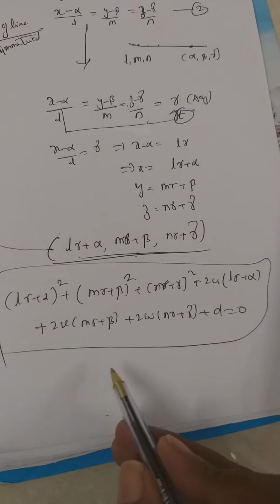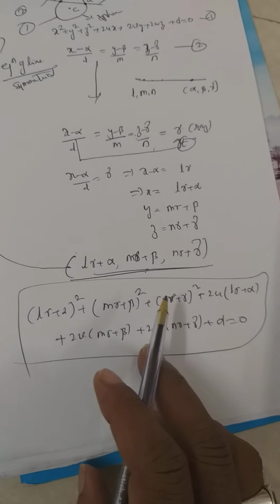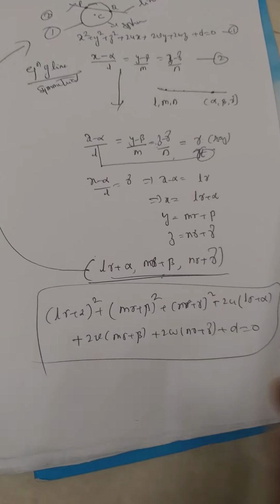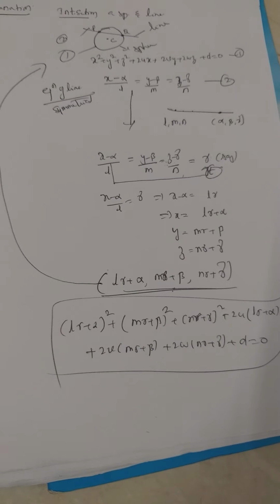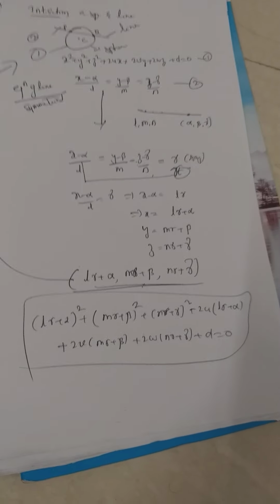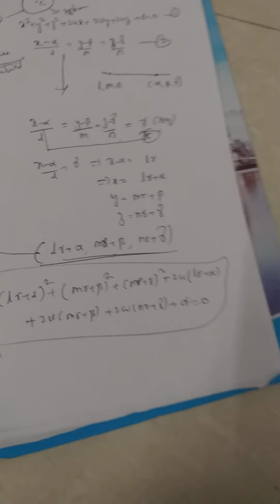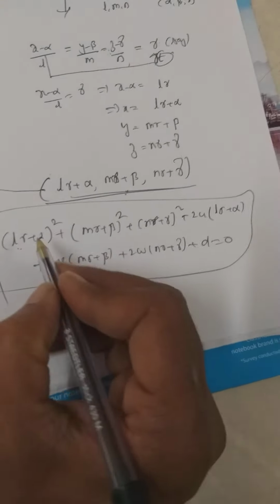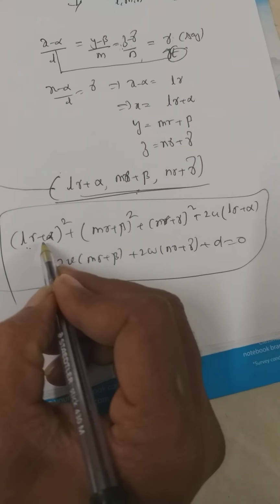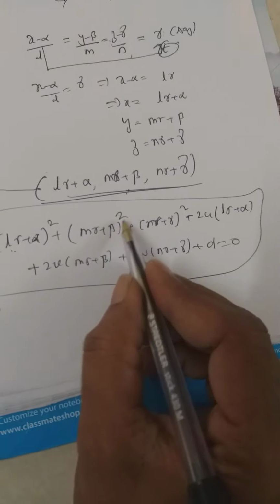Now, this is the condition of a line which intersects the sphere. That means an arbitrary point on the line lies on the sphere. Now, if you solve this, LR plus alpha whole square, you will use the (a plus b) whole square formula. Here also (a plus b) whole square formula.